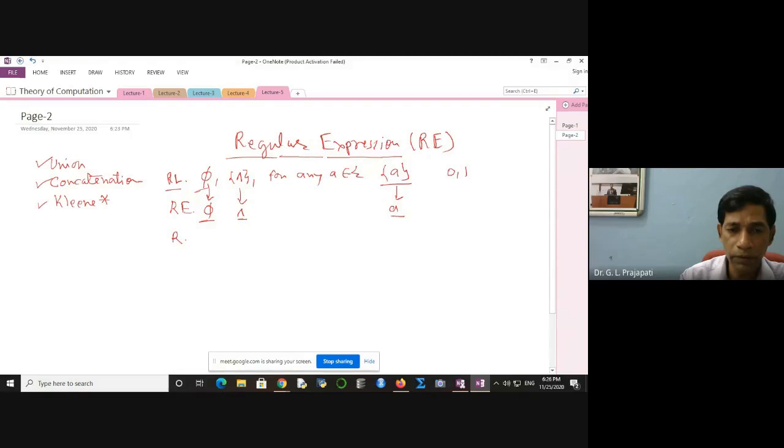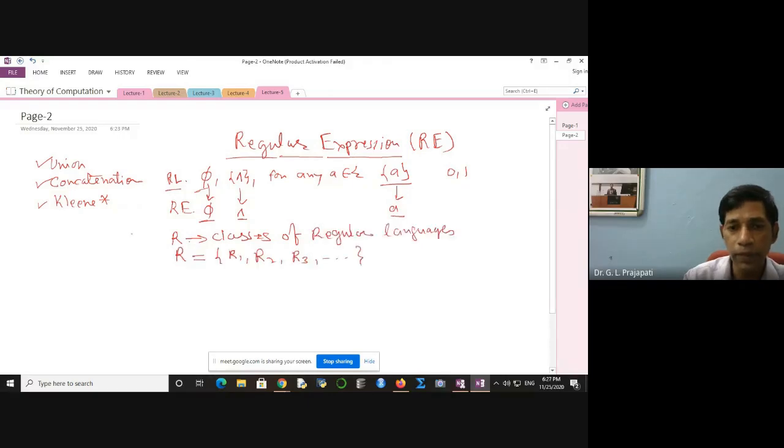I may denote with the set R the class of regular languages. So how can you define the regular expressions with the help of the regular languages, complex regular languages, and corresponding regular expressions with the help of recursive definitions? Empty is the basic regular language.